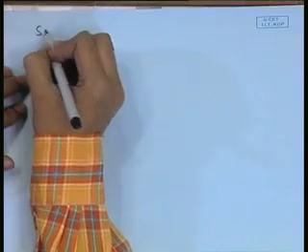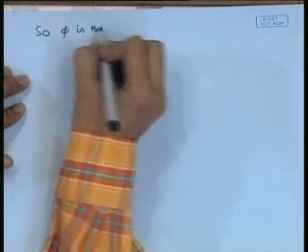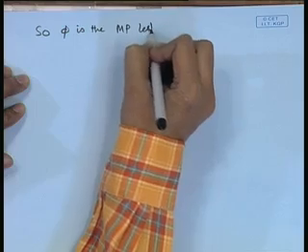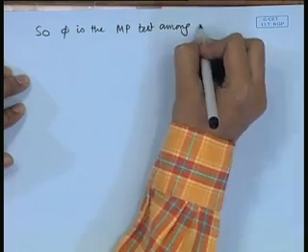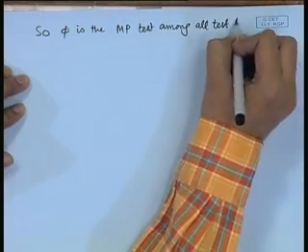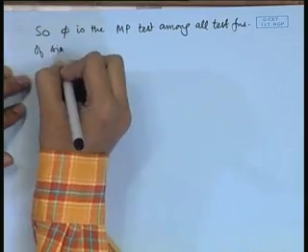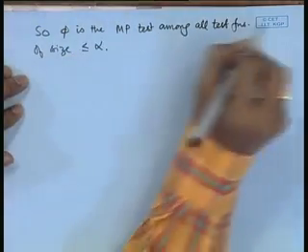Now this phi star is any arbitrarily chosen test for which the size is less than or equal to alpha. That means among all the test functions which have size less than or equal to alpha, the power of phi is the maximum. That means phi is the most powerful test among all test functions of size less than or equal to alpha.